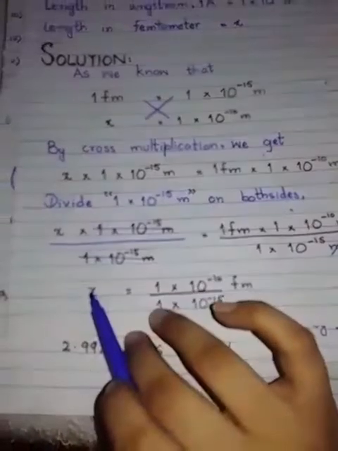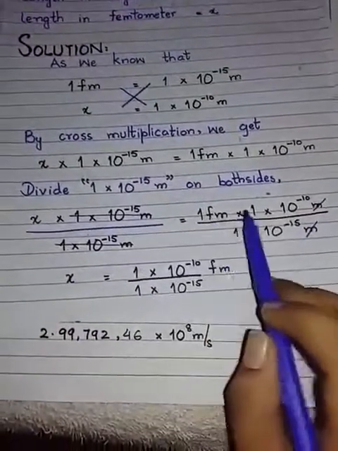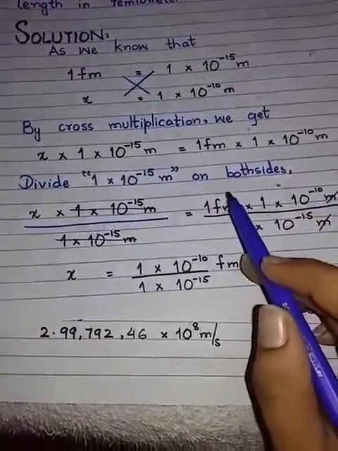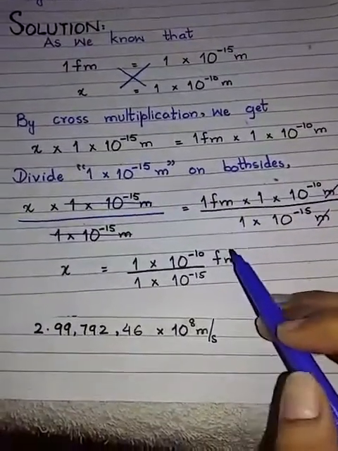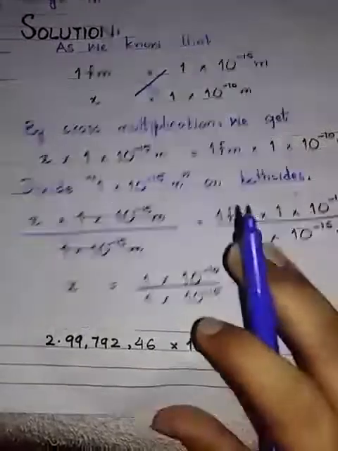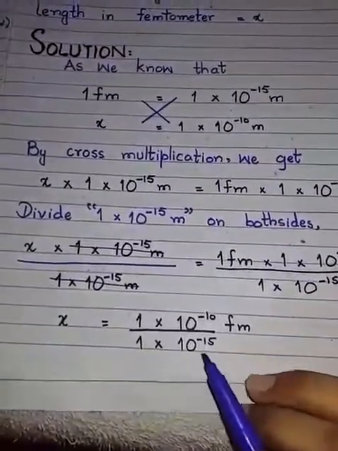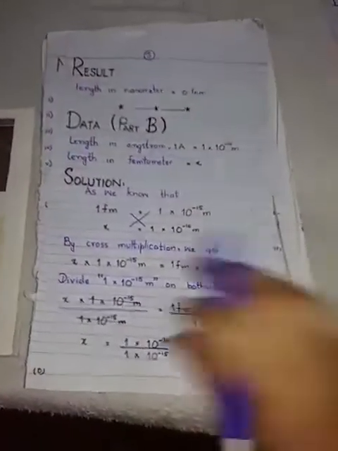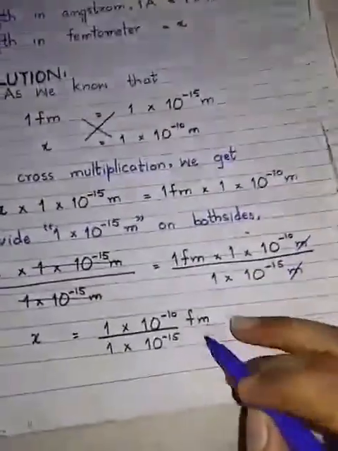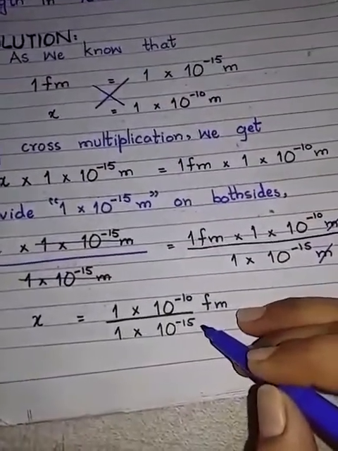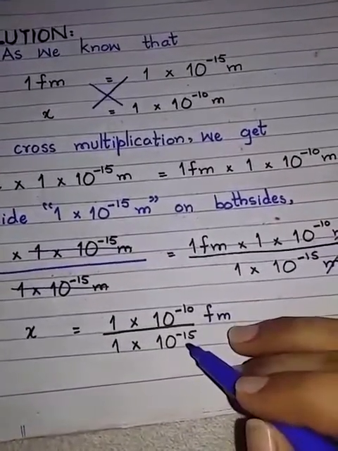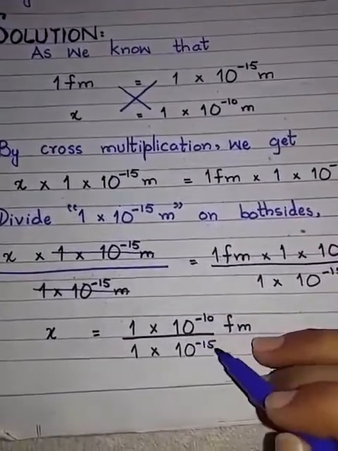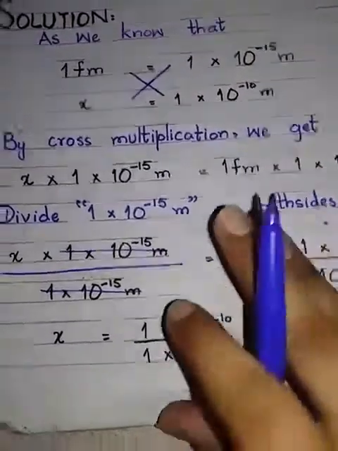So 1 into 10 raised to power minus 15 meter cancels, girls, and here meter cancels. So the value x is equal to 1 multiplied by 1, which is 1, 10 raised to power minus 10, and the remaining unit is femtometer, divided by 1 into 10 raised to power minus 15. Again here we shift this denominator toward the numerator, so the power of 10 will be plus 15.